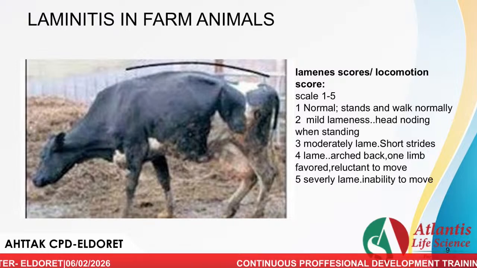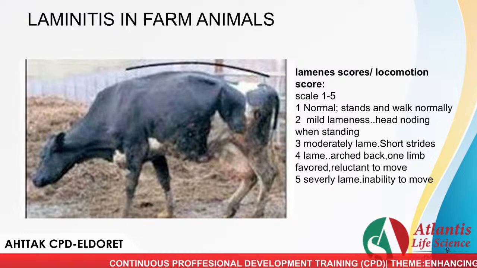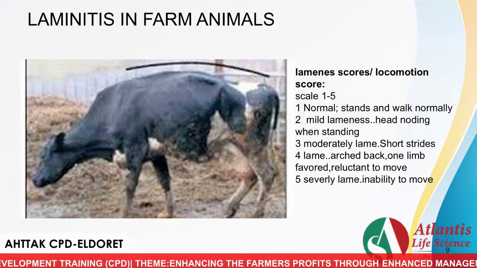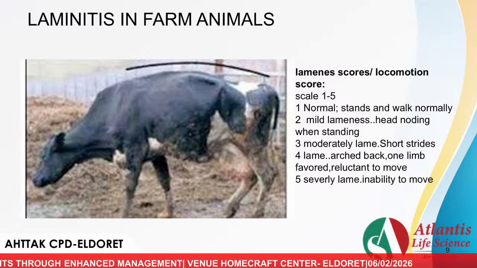So between score 1 and score 3 is where we have what we call mild lameness, or something we can call subclinical, for that matter.